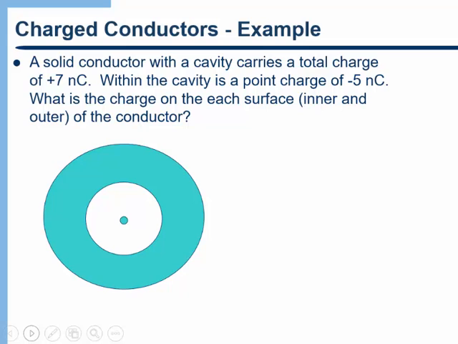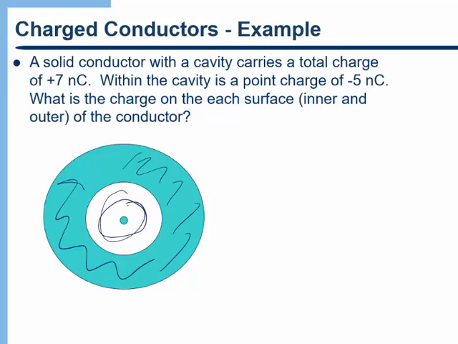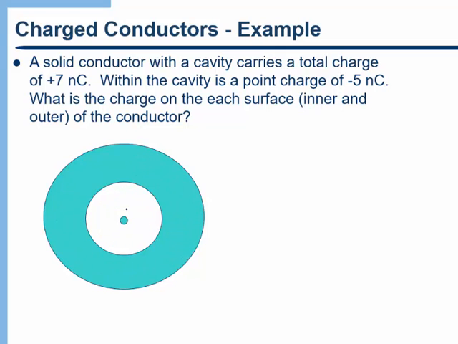Within the cavity is a point charge of -5 nanocoulombs. What's the charge on each surface, inner and outer, of the conductor? Okay, so let's first make sure we understand the picture. This is a shell, but it's got some thickness to it. This area here is nothing, so that's the hollow part. And then you can see we've got a charge placed in the center here.